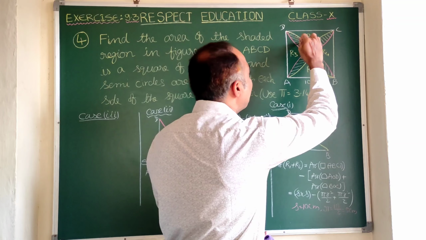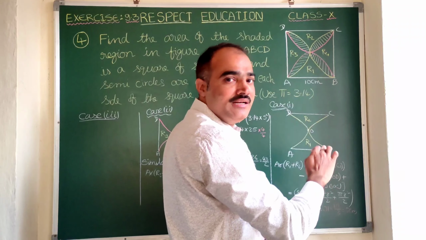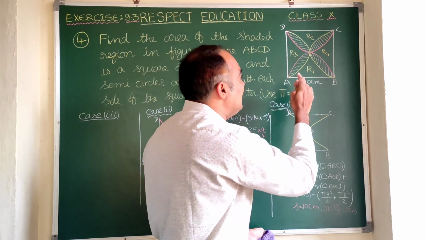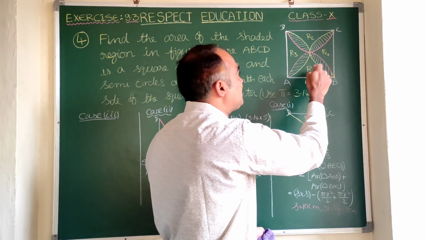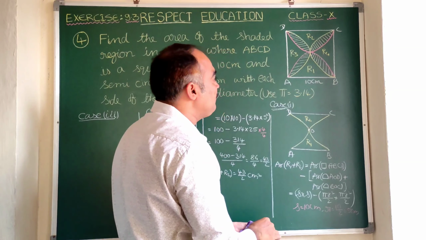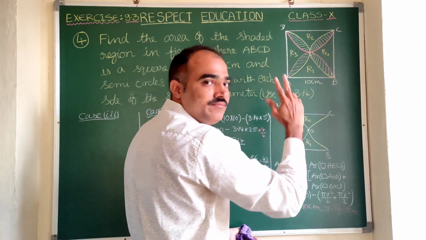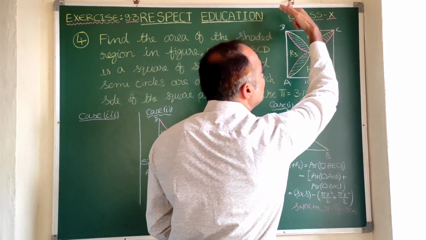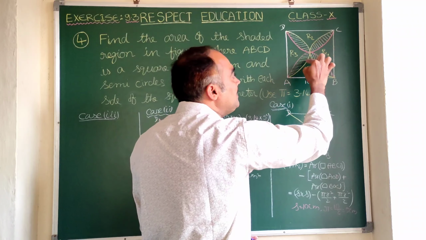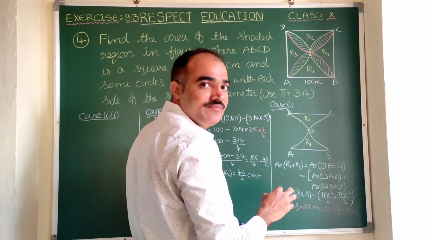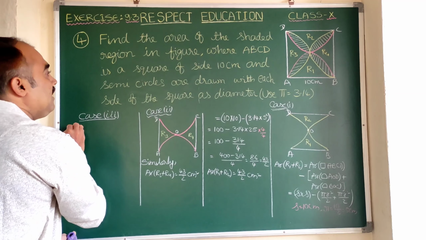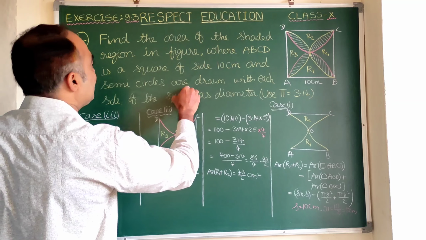Now, in order to find the area of the shaded portion, we have to take area of the square minus area of R1 plus R2 plus R3 plus R4. That means you take scissors and cut here first R1, now cut R2, then R3, then R4, so that you will get only the design or only the shaded portion. So here we can write area of the shaded region, that is what we need to find.